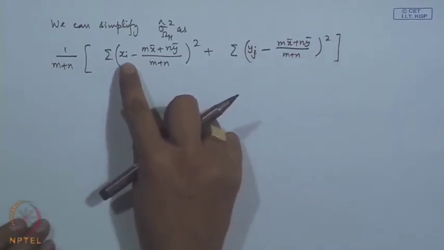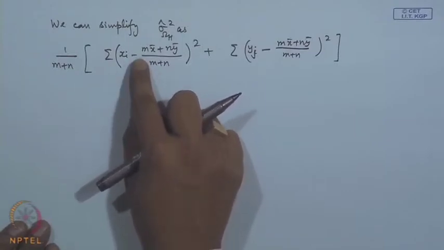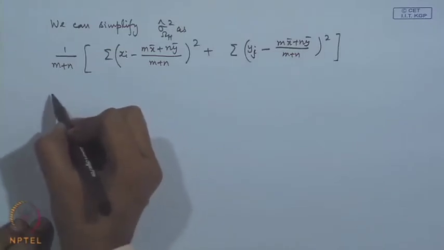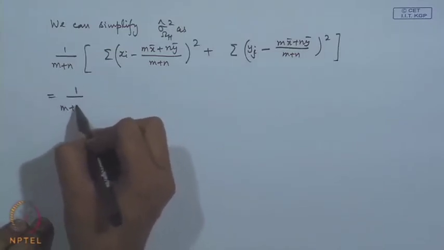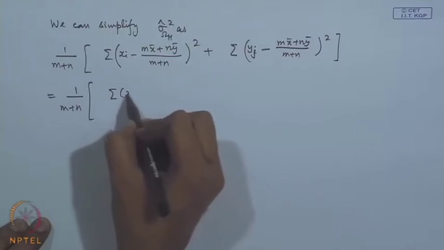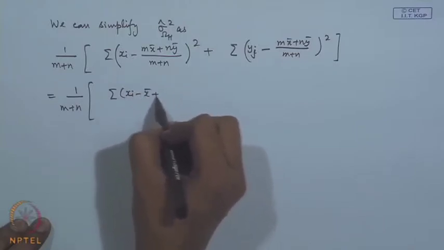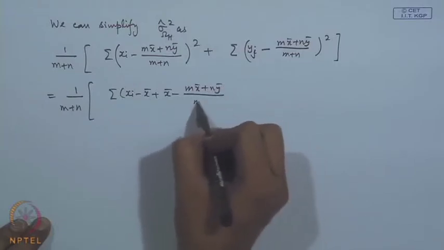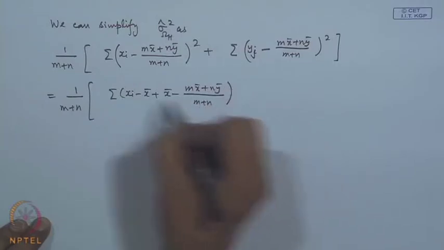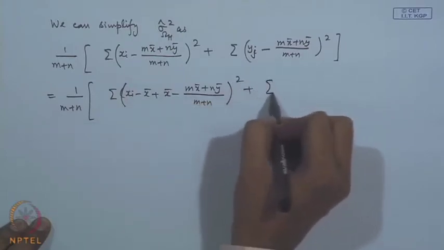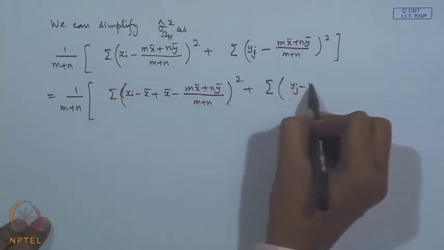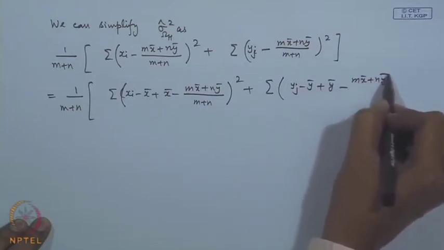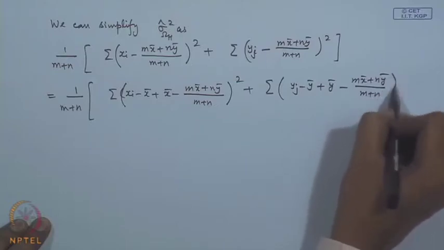In this first term I add and subtract x bar, and in the second one I add and subtract y bar. So, this becomes 1 by (m plus n) times (sigma (x_i minus x bar plus x bar minus (m x bar plus n y bar) divided by (m plus n)) square plus sigma (y_j minus y bar plus y bar minus (m x bar plus n y bar) divided by (m plus n)) square).